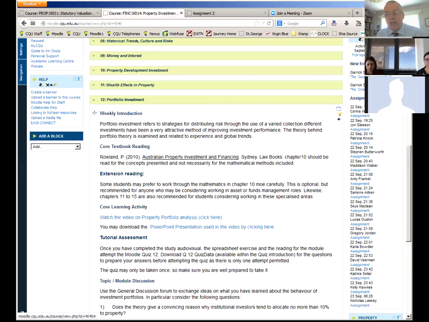Now, that's a fairly simple truism. And then it's dolled up into a very elaborate mathematical theory called modern portfolio theory. A big part of this module is devoted to showing why modern portfolio theory doesn't work. If you can get to the point where you can see the arguments behind that, and they're really just covered in a couple of slides on the presentation, then that pretty much covers it.